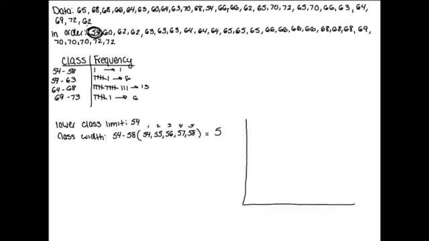Okay, so for my x-axis, I just have to write these numbers: 54, 59, 64, and 69. And since our largest number is 72, I'm going to go ahead and write 74, just because 64 is there.